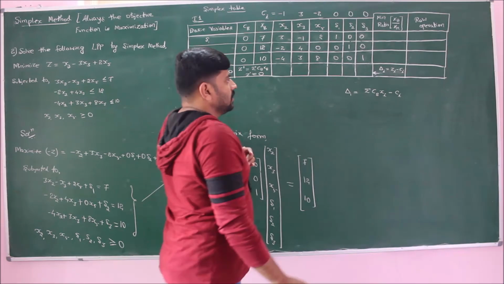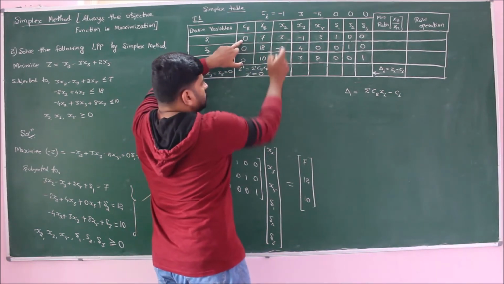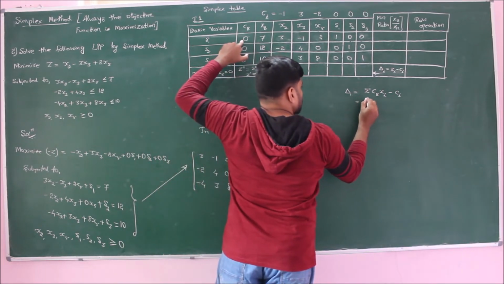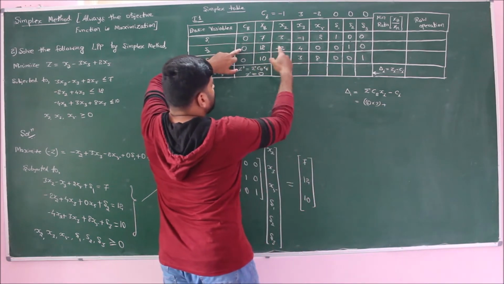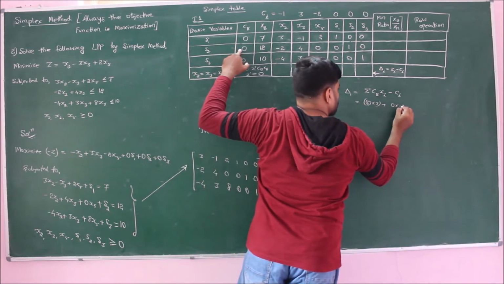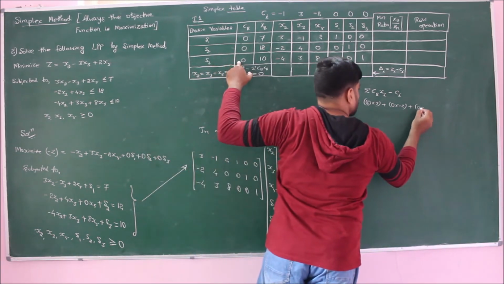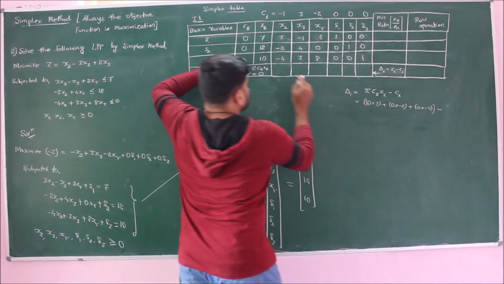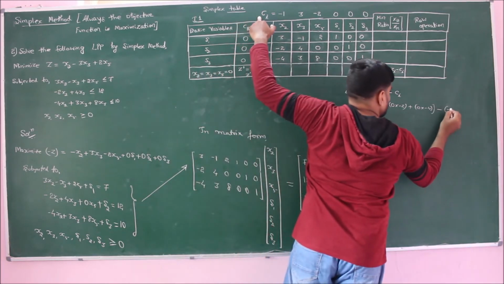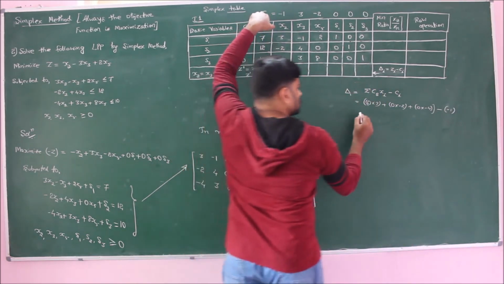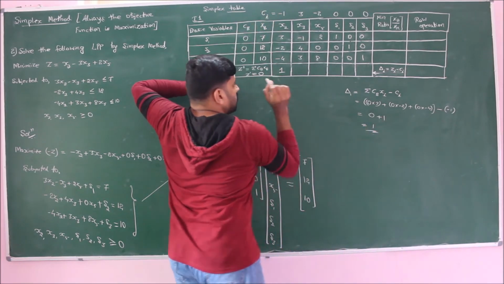Here I should use the first column, that is nothing but the column of x2. So if I do that, I get 0 into 3 plus 0 into minus 2 plus 0 into minus 4, minus Ci for the x2 column, which is minus 1. So this gives us 0 plus 1, which is nothing but 1.